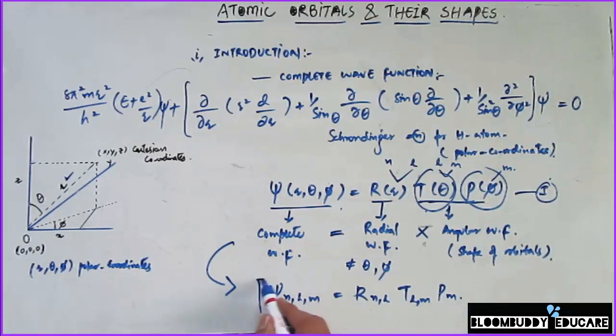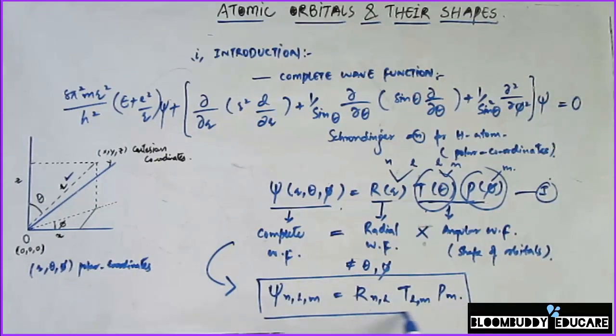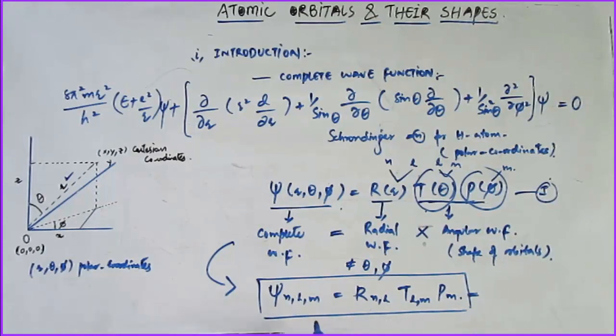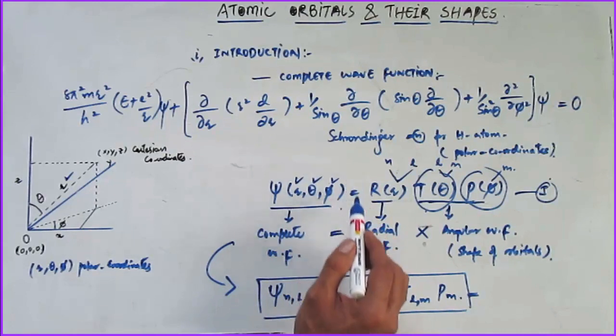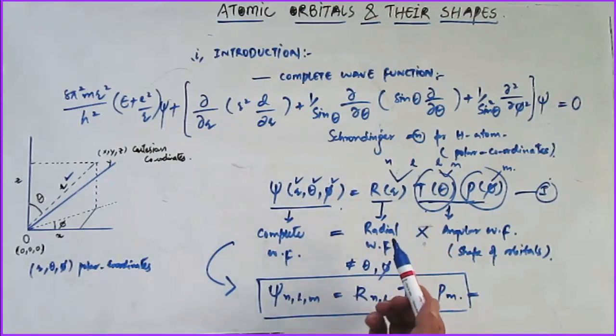So this equation is also the complete wave function, but it has been written in terms of the quantum numbers. This equation tells us that besides the complete wave function depending upon r, theta and phi in case of the polar coordinates, in a similar manner it also depends upon the quantum numbers, the principal quantum number, the azimuthal quantum number and the magnetic quantum number.